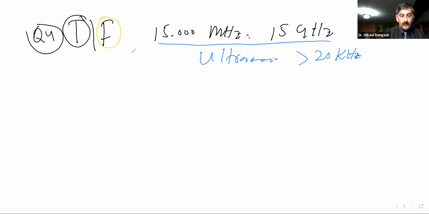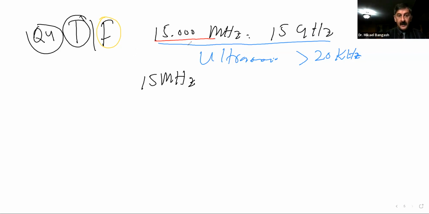Because what we can say is that the maximum range of frequency for ultrasound is 15 megahertz. This 15,000 megahertz here is actually 1,000 times greater than the upper maximum range.